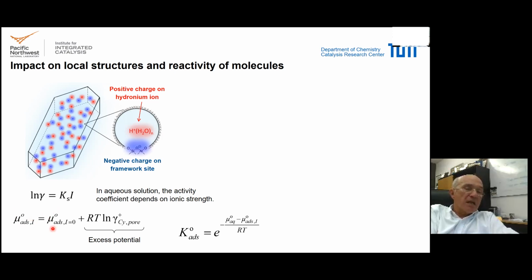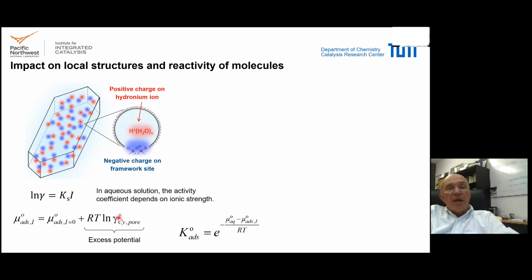And that is the standard chemical potential when the ionic strength approaches zero, and we do not have any hydronium ions in there, plus an RT ln of an activity coefficient, and the log of this activity coefficient is the product of a constant times the ionic strength. So we see that that excess potential is directly related to the ionic strength.